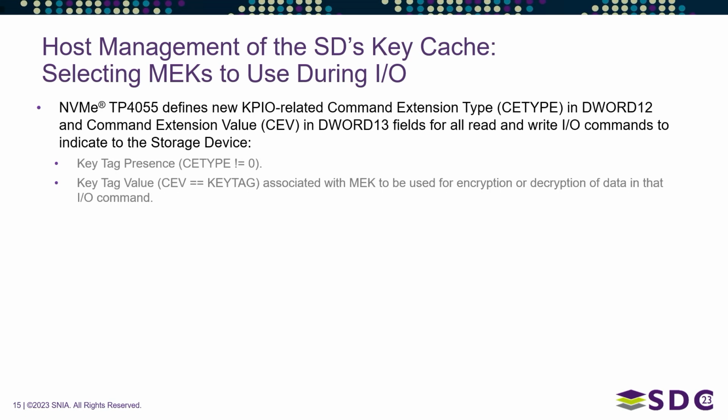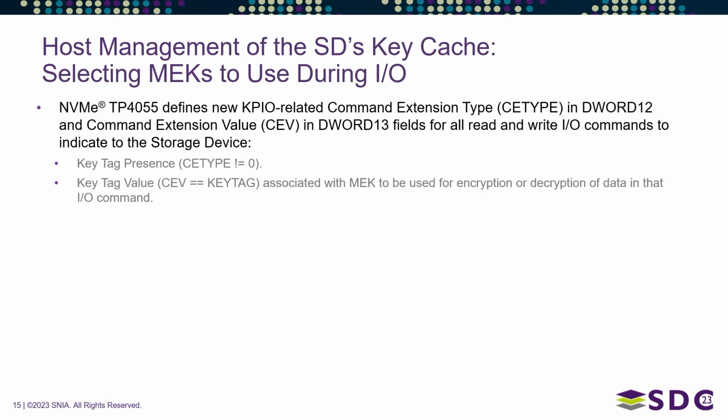One of the important pieces of this interaction from an NVMe perspective that the host has to track is both the namespace ID and the key tag that's being used. The key tag is pretty straightforward because the host is driving.